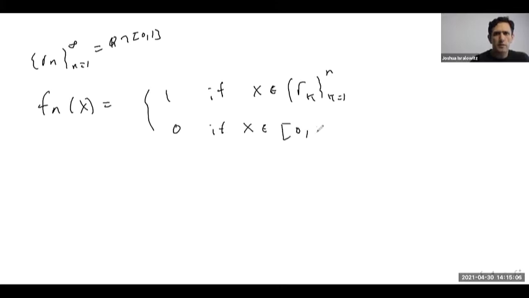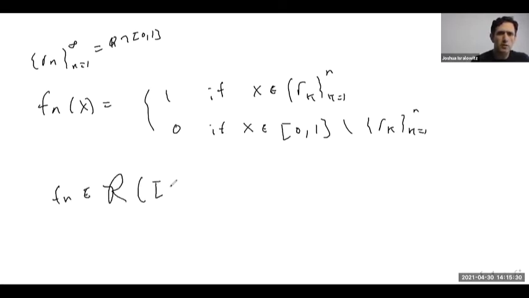So x is in 0 to 1, take away those points. So f n is Riemann integrable. It's continuous except for a finite number of points. So f n is Riemann integrable on 0 to 1.